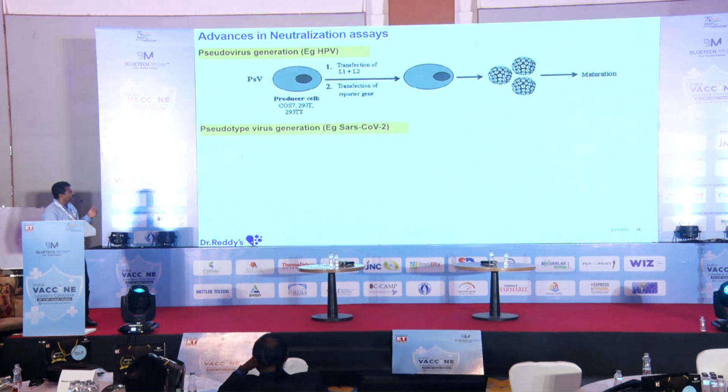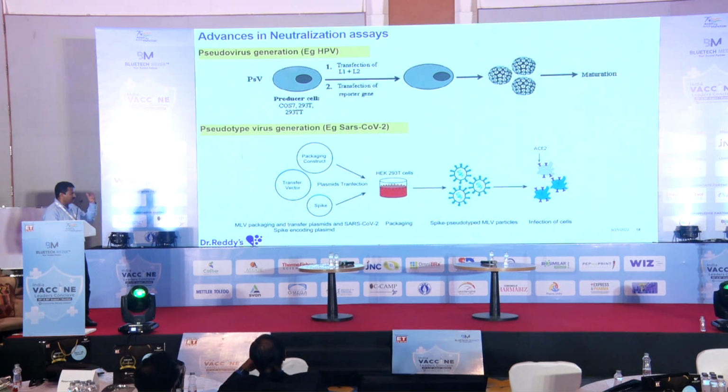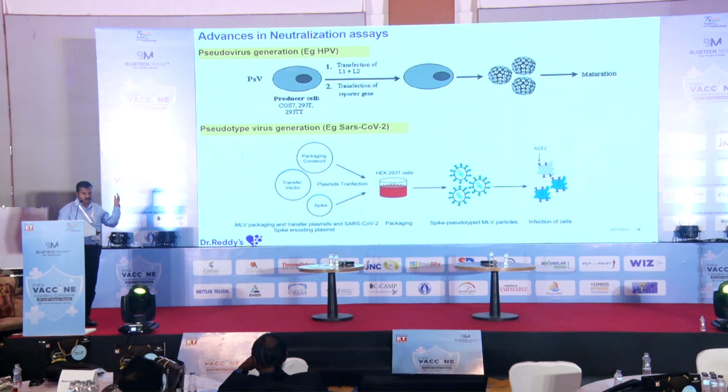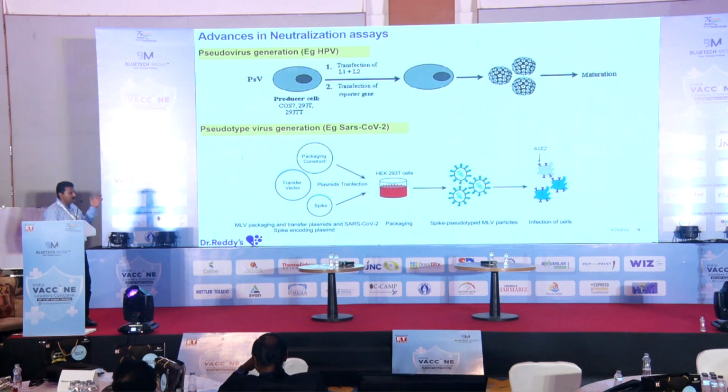And talking about pseudo-typed virus, I have taken an example of SARS-CoV-2. There are lentiviruses and other oncoretroviruses. In lentiviruses, HIV-1 is the most widely used lentivirus, and then there are several generations. Now, 4th generation lentiviruses are being used. So, here we have a packaging mix where we have all the genes coding for the enzymes and all to make the lentivirus.